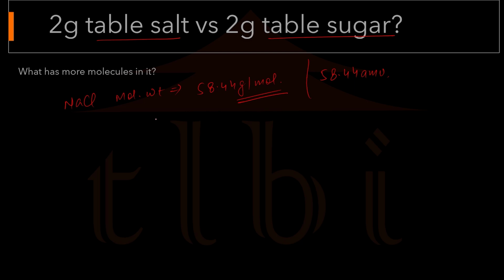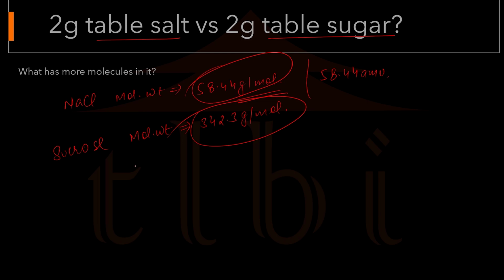All right. What about table sugar? If you are not aware, table sugar is sucrose, and its molecular weight is 342.3 grams per mole. All right. So you can see that this is very different between the two, and if you are taking same weight, that means there will be a ratio between these two.